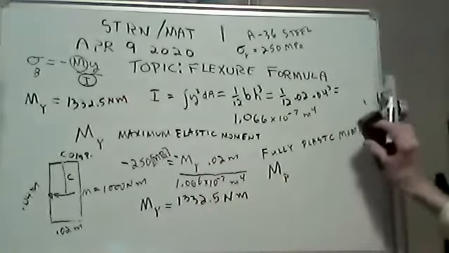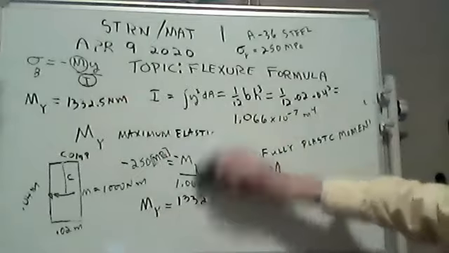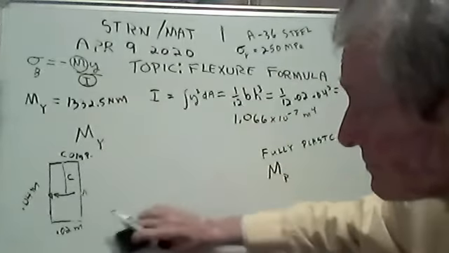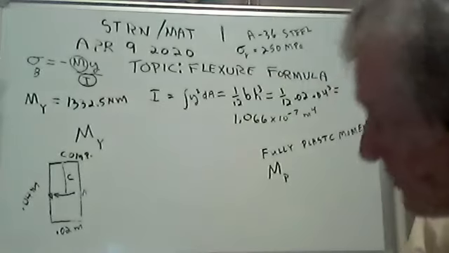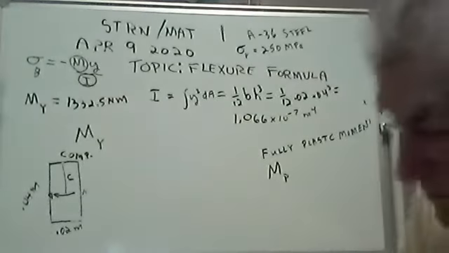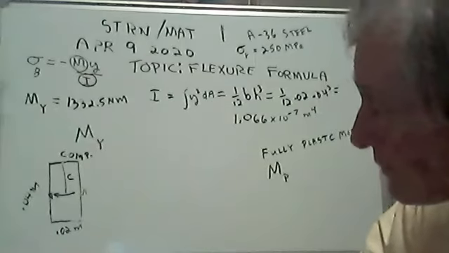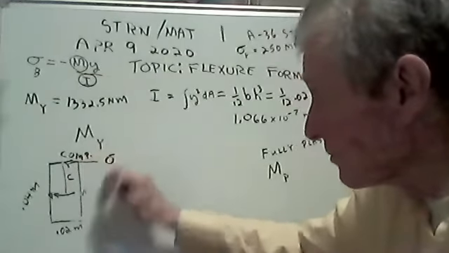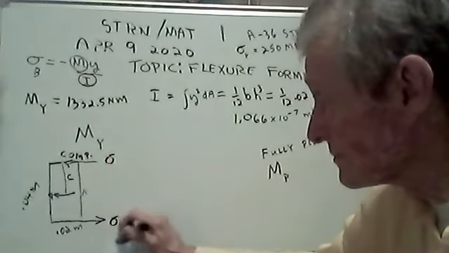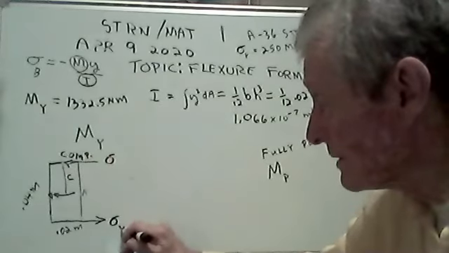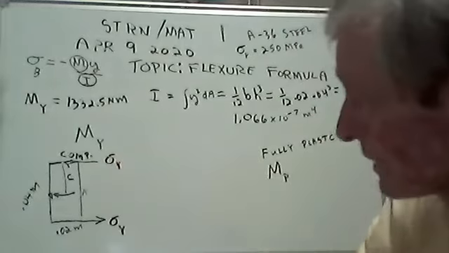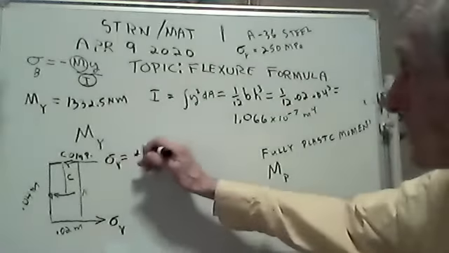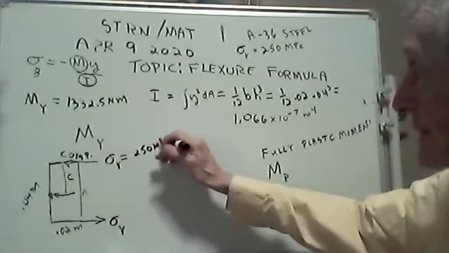Okay, so we're going to do the fully plastic moment now. Now you remember when we had the maximum elastic moment, you had normal stresses like this, and now you got normal stresses, but they're equal to the yield strength stress. They're equal to the 250 megapascal.